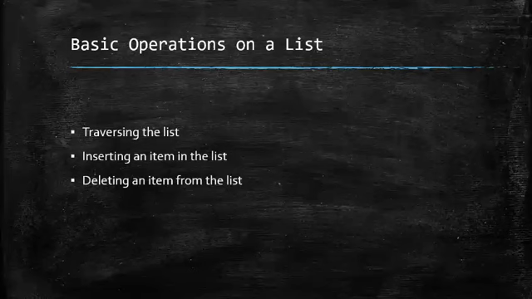The second important operation on a list is inserting an element in the list. The third operation is deleting an element from the list. Now, the traversal, the first operation that we have seen, can also be used as an auxiliary operation in insertion and deletion, and that is what we are going to see further in the next few slides.